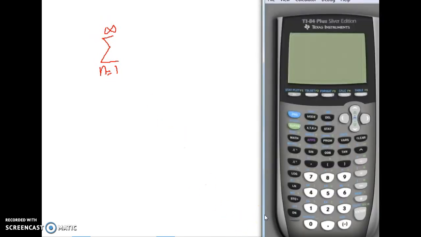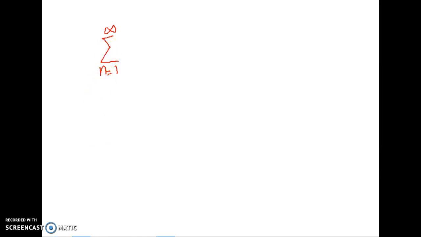We need to know a formula because I have never seen the infinity sign on this calculator. If you can find the infinity sign, we can easily plug this equation in and press enter. Be my guest, but until we have that, we have to just use the formula and kind of go by hand.